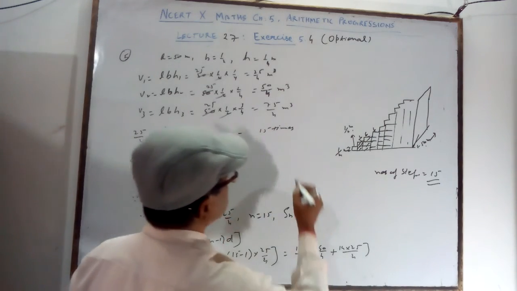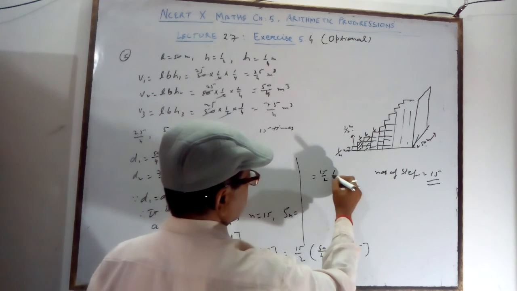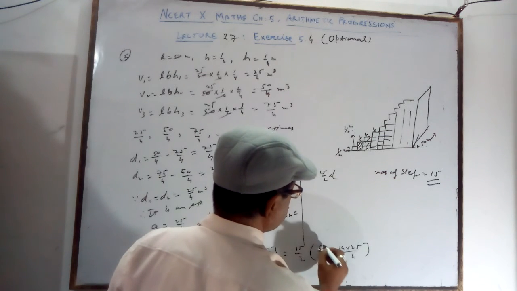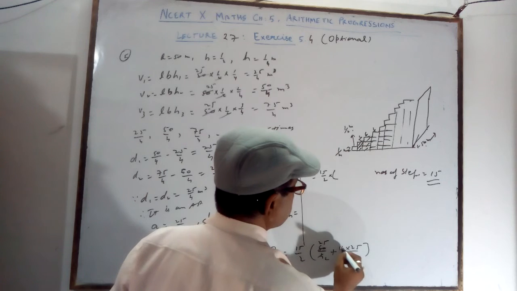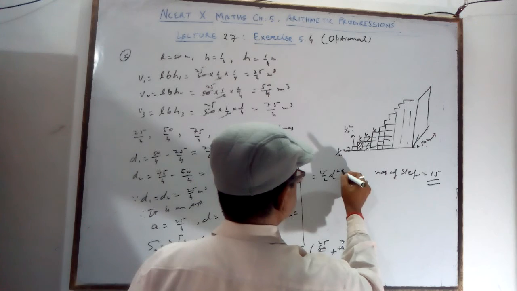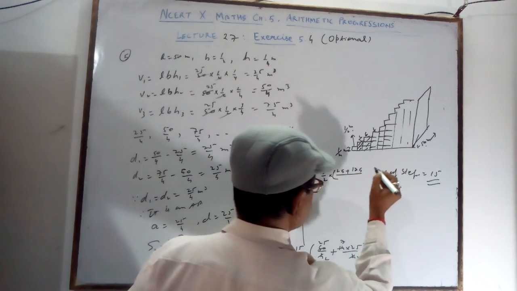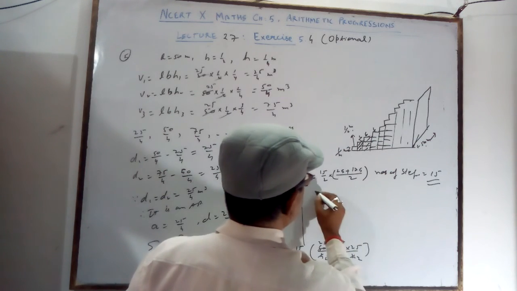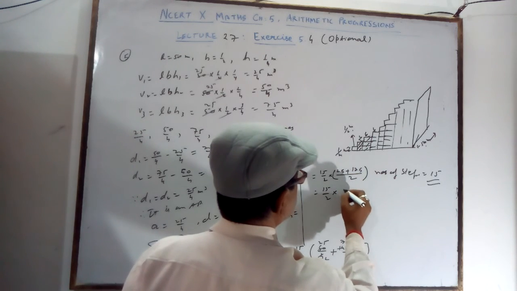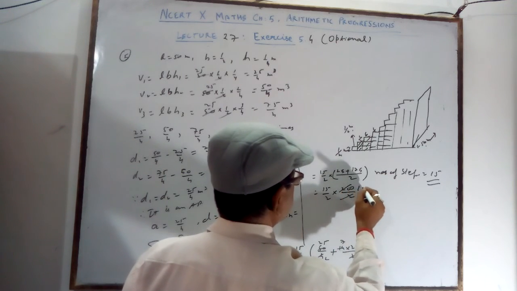That will solve to 50 by 4 plus 350 by 4, so 25 plus 175, divided by 2. 15 by 2 into 200 by 2, then 100.